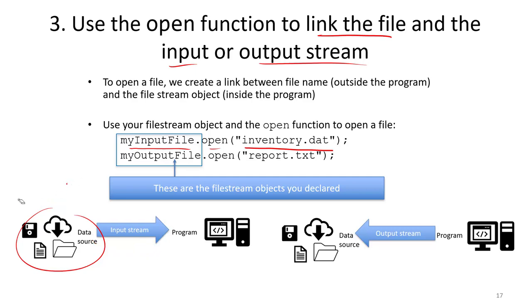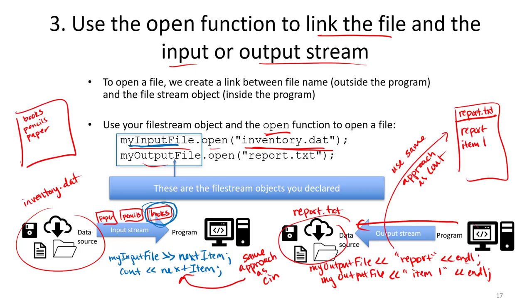And then we can read that data either piece by piece or using getline in order to send it to our program. So you saw that we use our filestream object and the open function to open a file and access the contents. Notice the important thing.